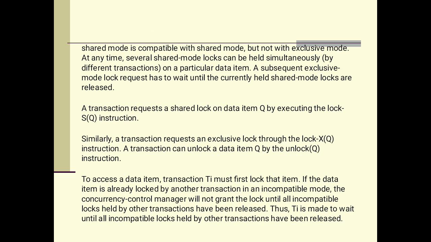To access a data item, the transaction Ti must first log that item. If that item has already been logged by another transaction in an incompatible mode, the concurrency control manager will not grant the log until all the incompatible logs held by other transactions have been released. So the log is granted only if the modes are compatible.